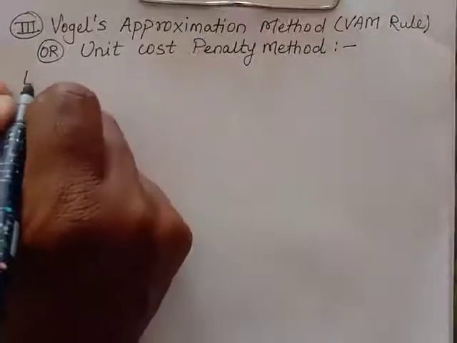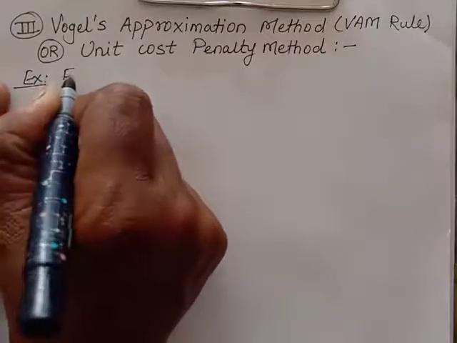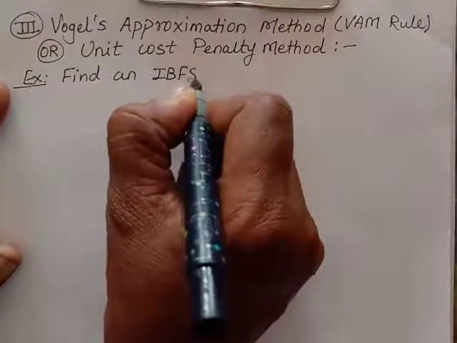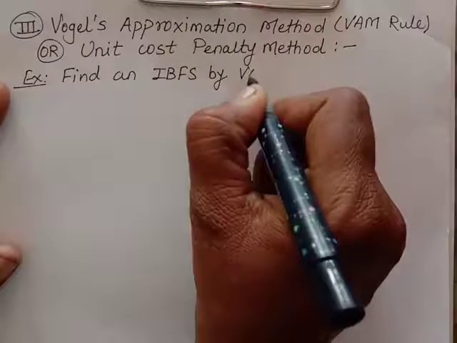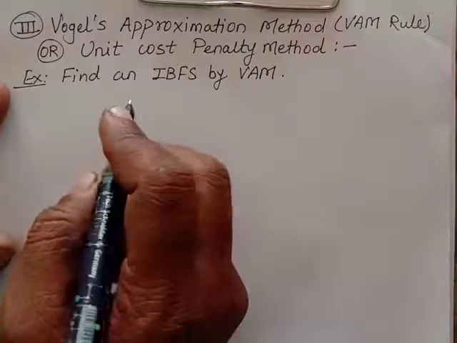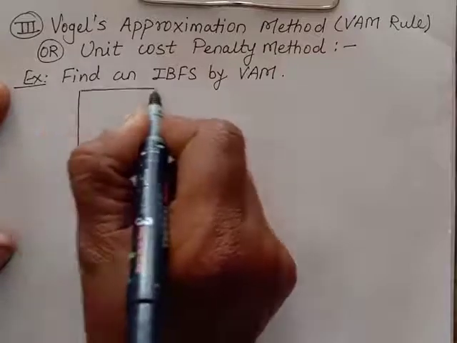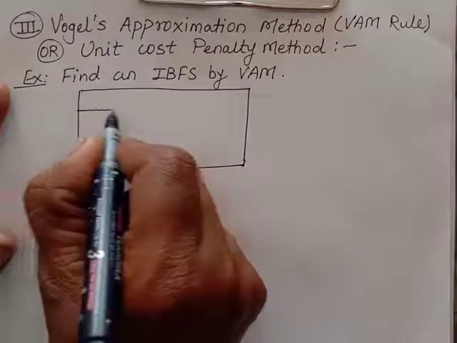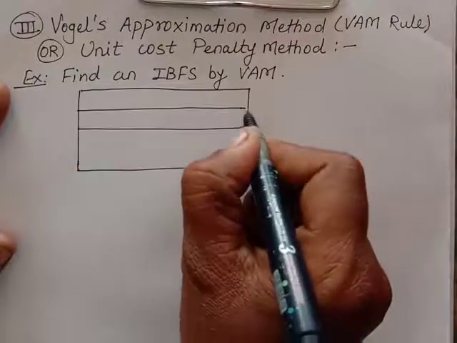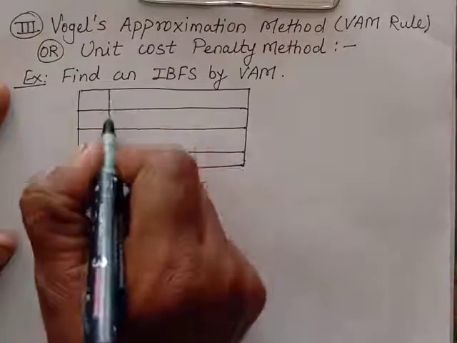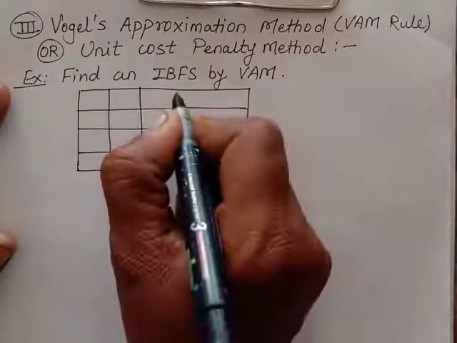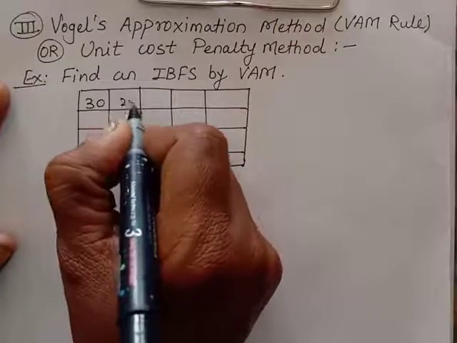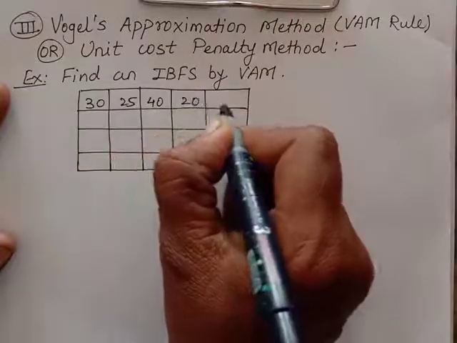So, example, find an initial basic feasible solution by VAM. $30, $25, $40, $20, and here $100.